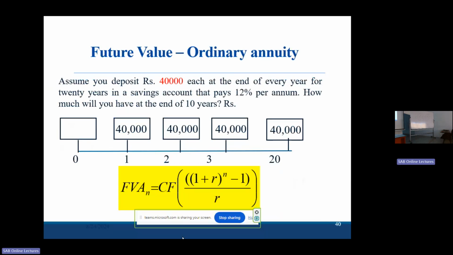How much would you have at the end of 10 years?